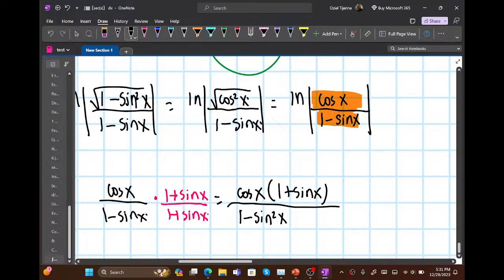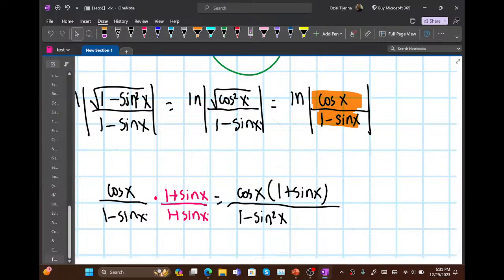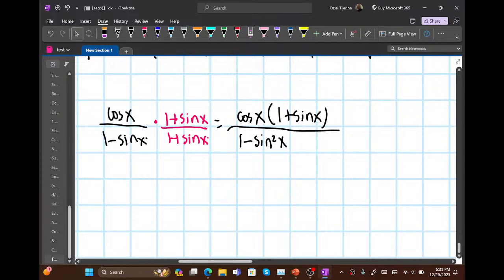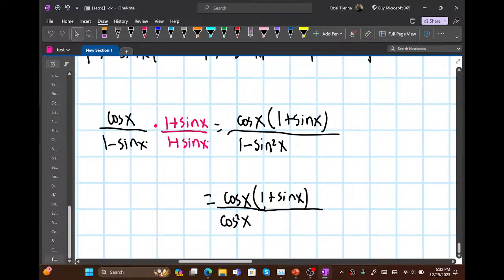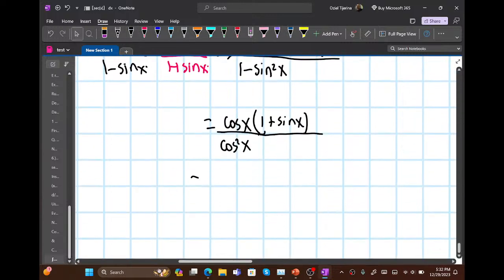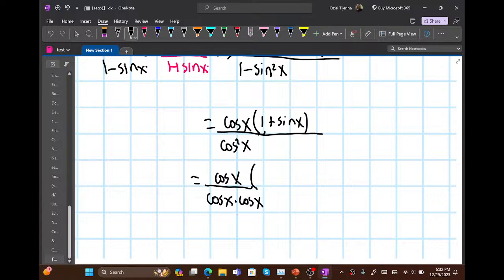But then again, this part is equal to cosine x over cosine squared x, and then on the top it's times 1 plus sine x. And then finally, we know that from laws of exponents, this is equal to cosine x over cosine x times cosine x, and then we had times the quantity 1 plus sine x.